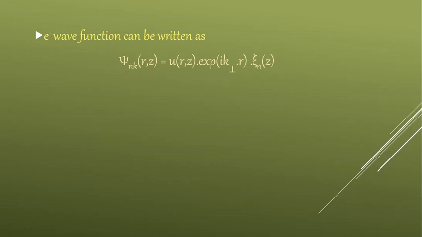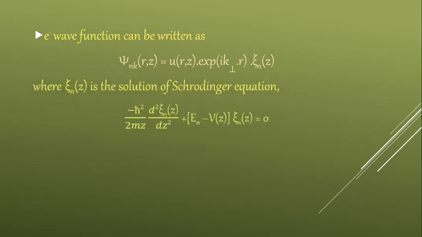whereas zn of z is the solution of the Schrodinger equation, which is nothing but minus h cross square divided by 2mz, where mz is m subscript z, into d square by dz square of zn of z plus (En minus V of z) into zn of z equal to 0.